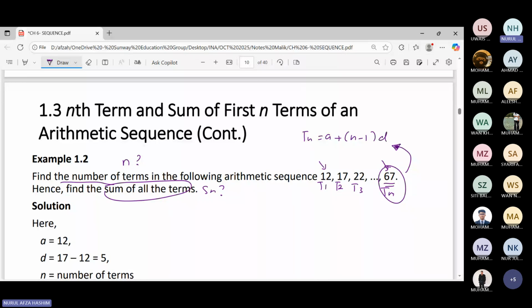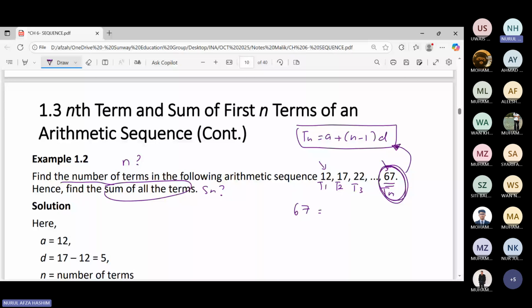Where you want to substitute? Dekat depan tak boleh, madam. Memang kena letak kat depan lah. Sebab 67 ni nilai pada Tn. So when you substitute in the formula here, the 67, it should be on the left side. Because Tn is equals to 67. Nilai dekat n adalah 67. Itu maksud dia. But we don't know the n yet.